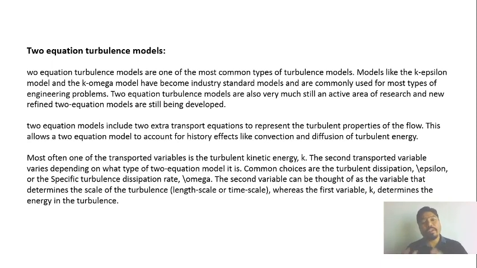Two equation turbulence models are one of the most common types of turbulence models. Like the K epsilon and K omega models, they have become industry standard models, commonly used for most types of engineering problems.